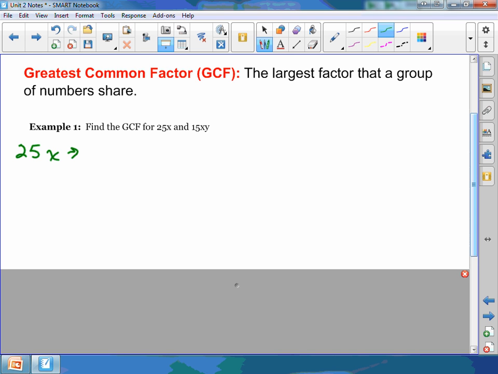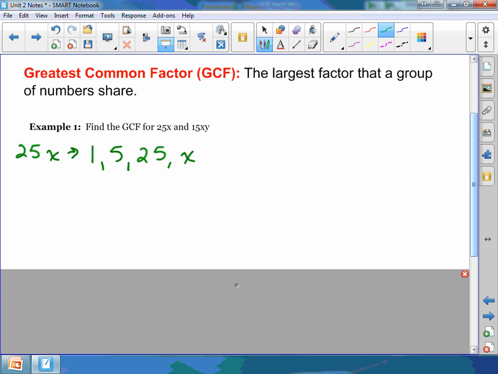So factors of 25x. Can you give me a list of factors of 25? Lana. Well, I'm only going to put x once. So let's go with the coefficients there. The 1, what else did you say? 5, 25, and then there would also be an x there too.